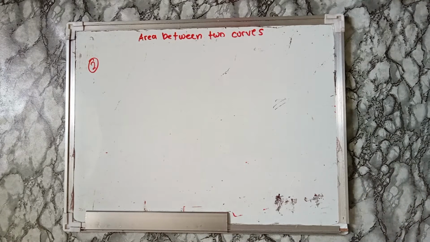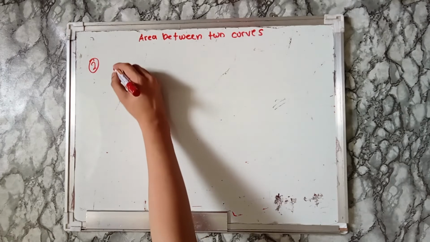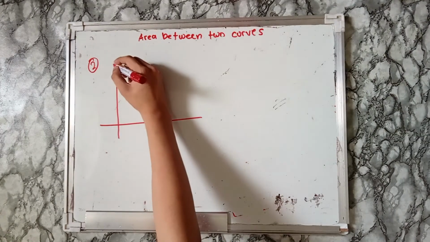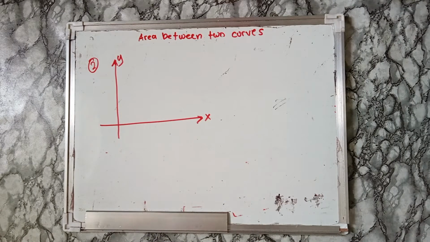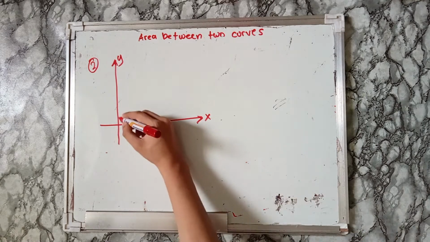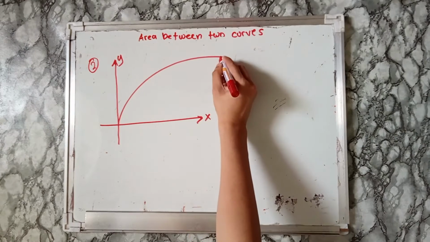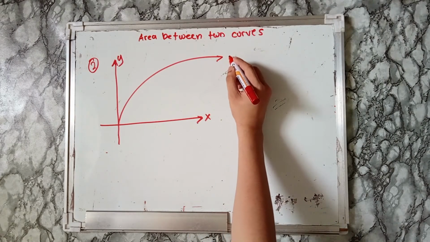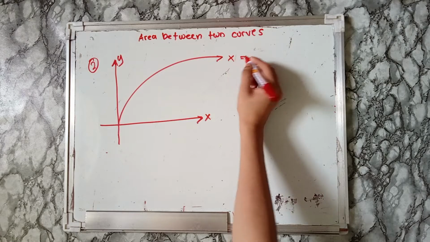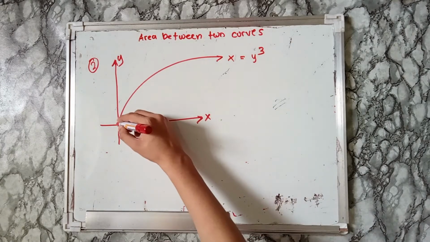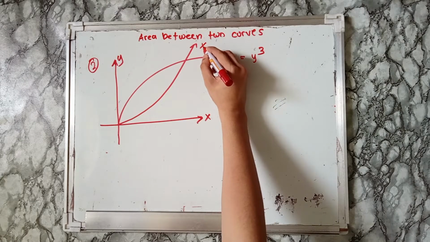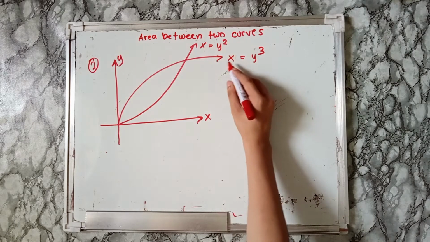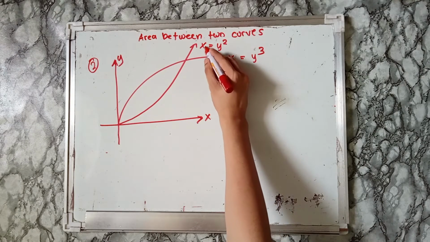What if we are given a graph like this? This is y and this is x. Let's say we have a curve here labeled as x equals y cubed, and another curve, x equals y squared. Now let's label these as x sub 1 and x sub 2.